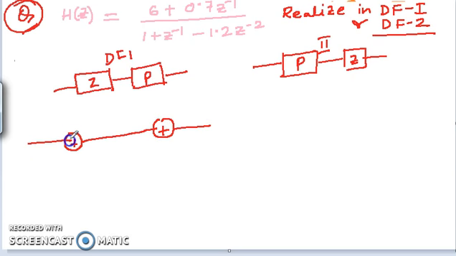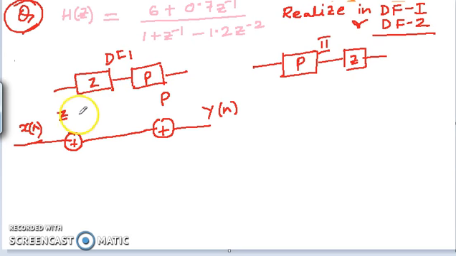This part is our x[n] and this part is our y[n]. In direct form 1 the delays are on the sides, in both sides delays are present. The zeros will be on the input side and the poles on the output side.